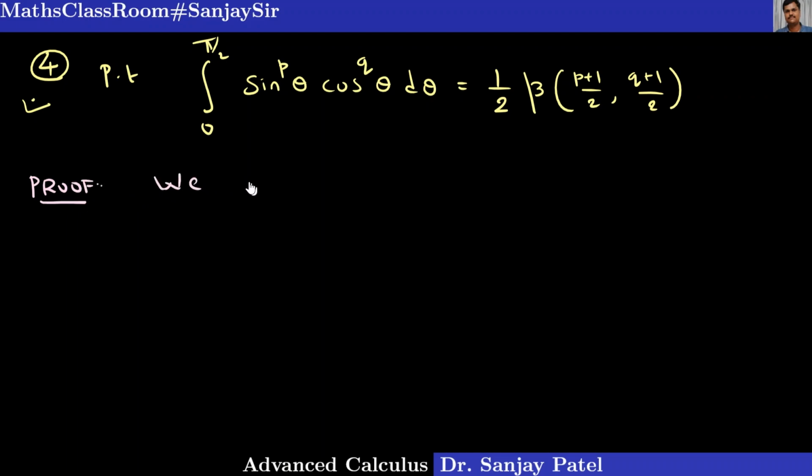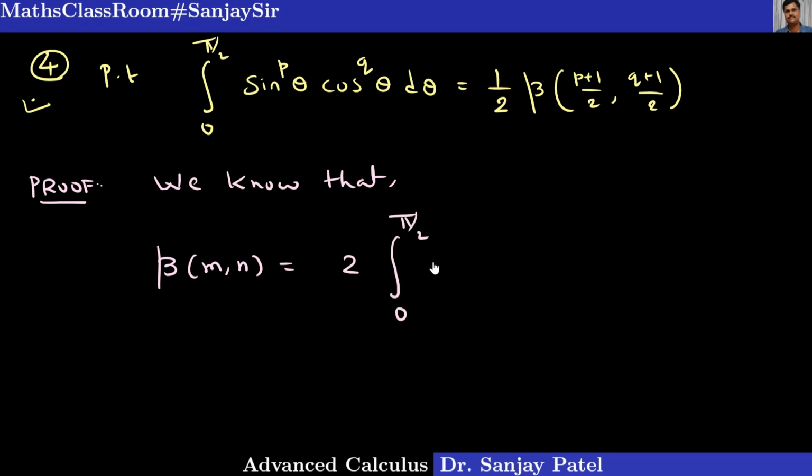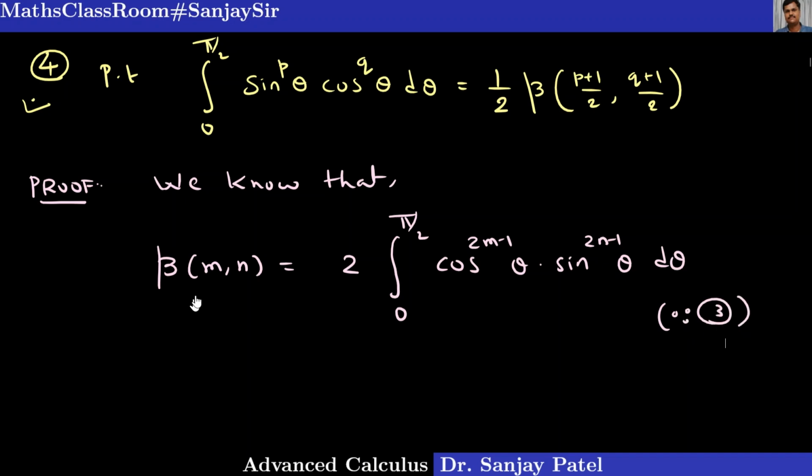So we know that beta m comma n is equal to 2 times integral 0 to pi by 2 cos raised to 2m minus 1 theta into sine raised to 2n minus 1 theta d theta. I am writing this from result 3. In this result, you just observe we want sine raised to p here, and we have sine raised to 2n minus 1.